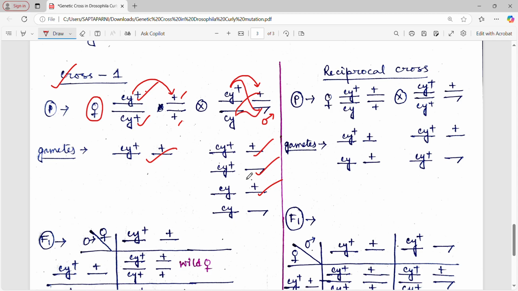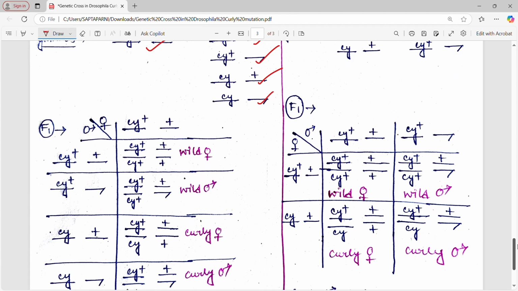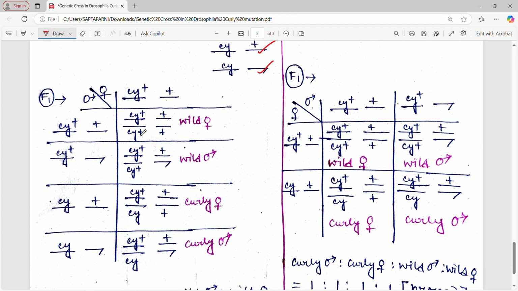Okay, and when we do the checkerboard we will get that one progeny will be Cy plus plus, when both the autosomes carry the Cy plus or wild type allele, the recessive allele, then the phenotype should be wild type and female. Okay, here also Cy plus, that means both the autosomes are carrying recessive alleles, so the phenotype should be wild type, and as there are X and Y chromosomes, so wild type male.